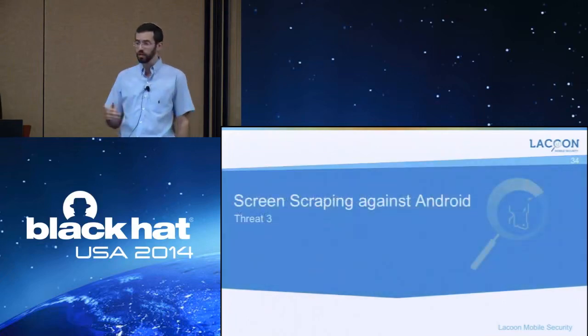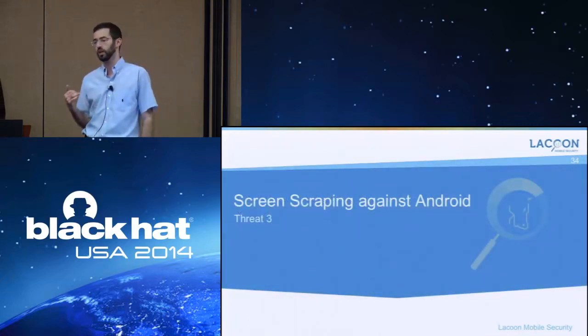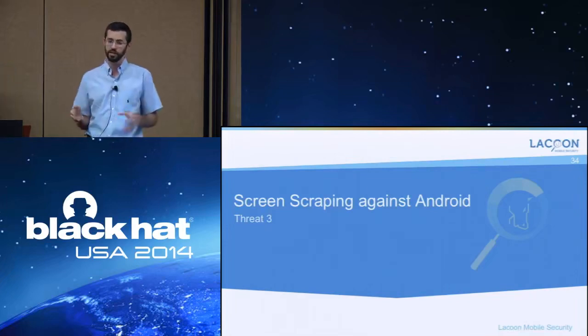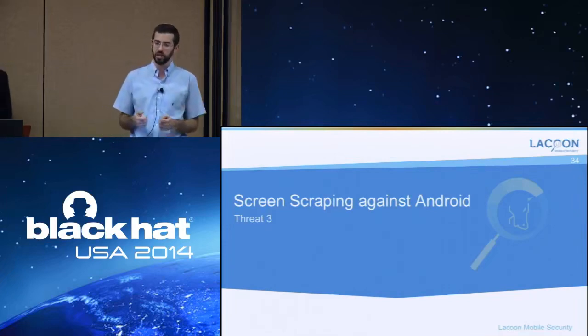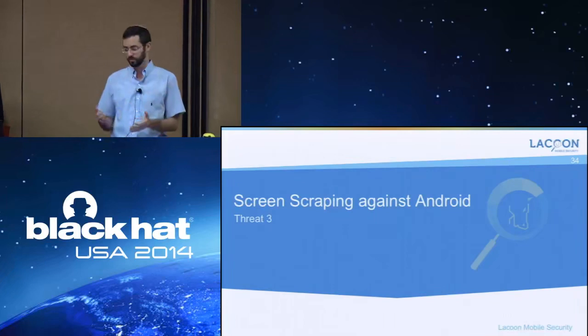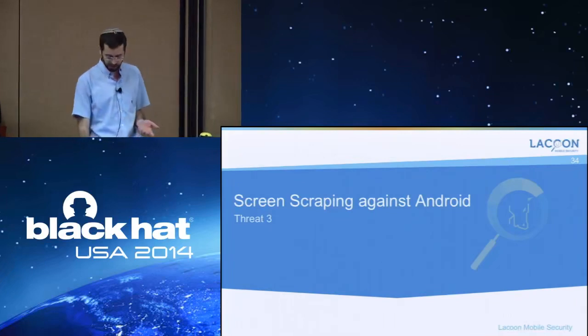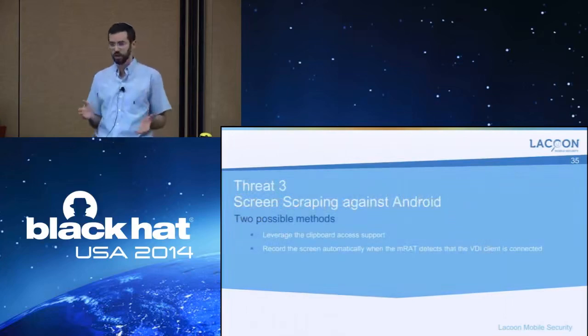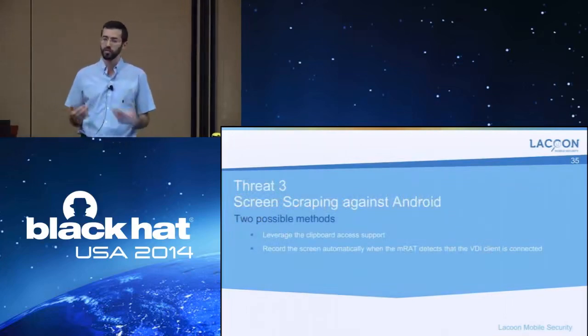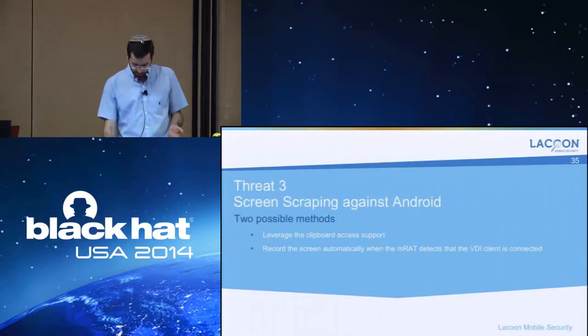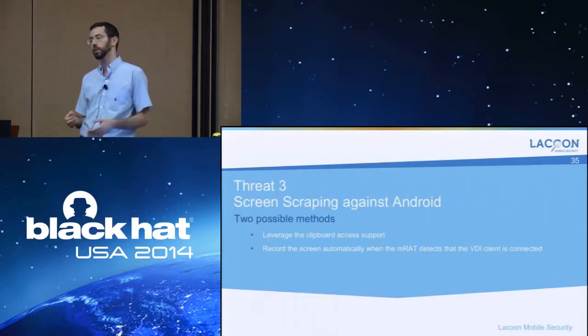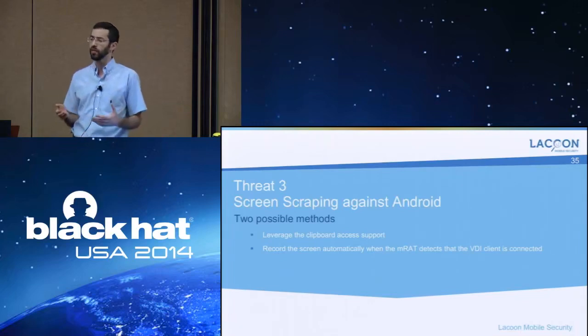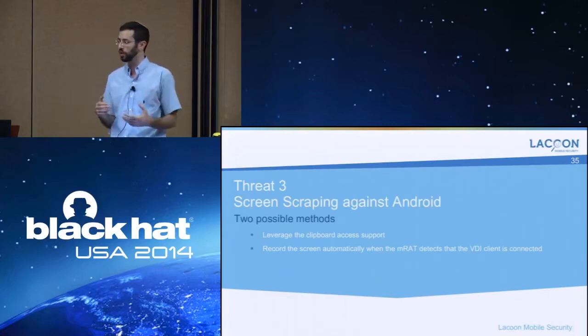So if you go back to the keyboard logging mechanism, the easiest way again was to get the information that the user inputs when he's using the VDI, but you don't actually see what the user is doing. So there are two different ways of doing screen scraping to get the information out of the VDI client. First, the video solution: we did see some MRATs having video recording possibilities.